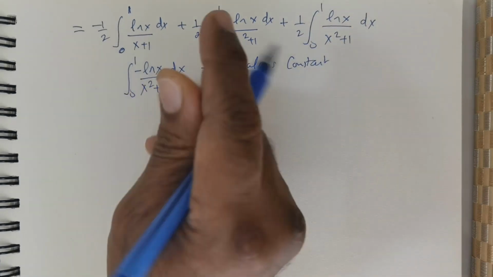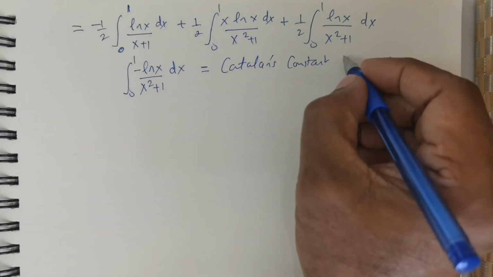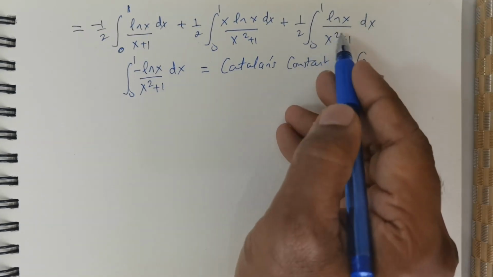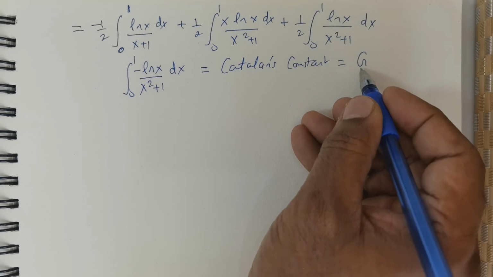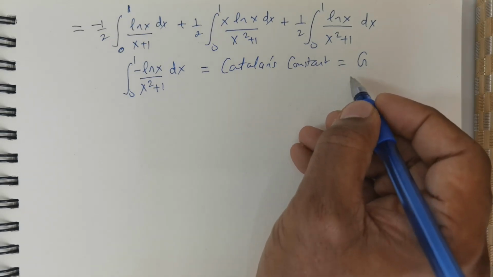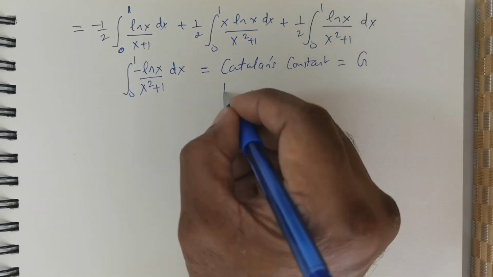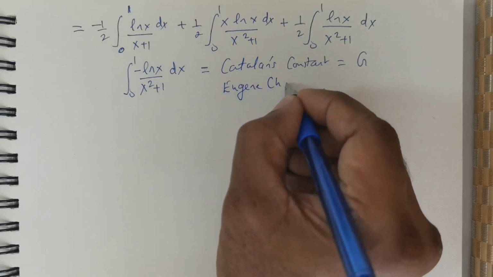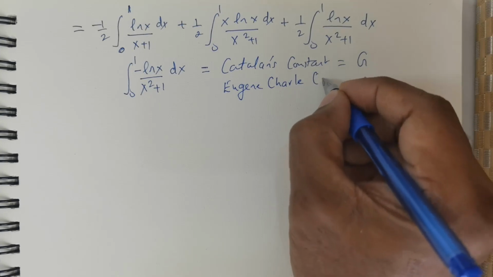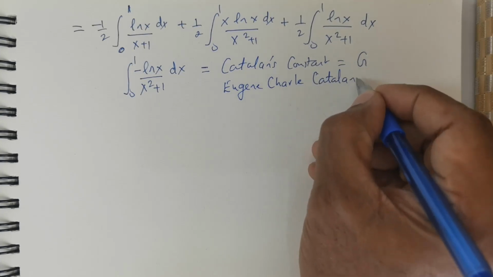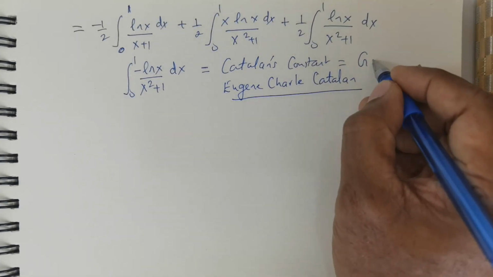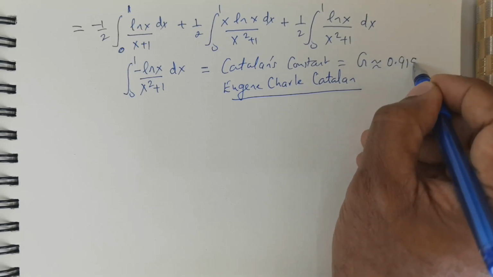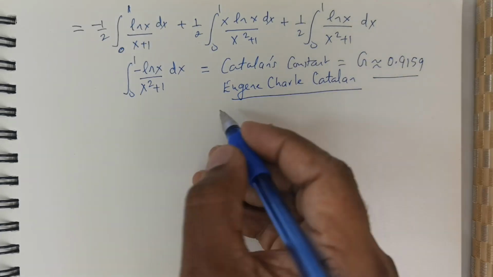Of course there should be a negative sign, right? And this is represented as G. The person responsible for discovering this constant goes by the name Eugene Charles Catalan, and the value of this G is approximately 0.9159.